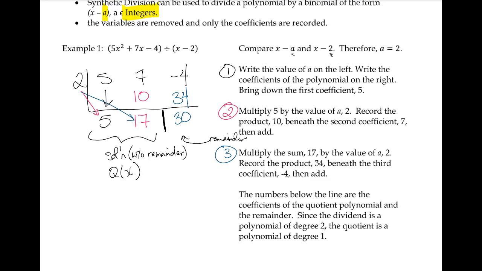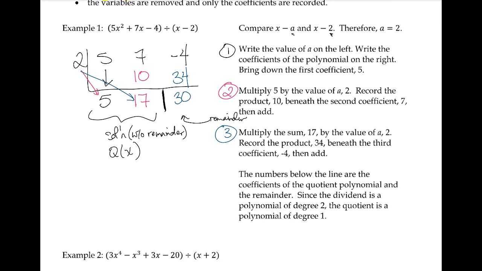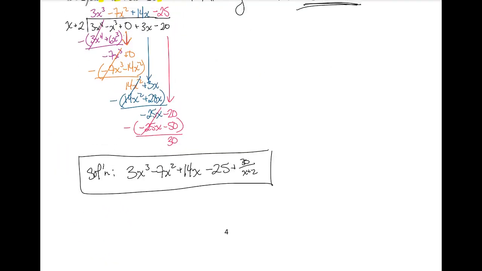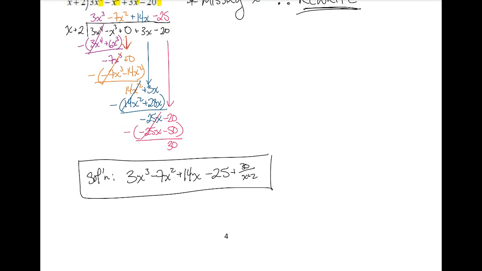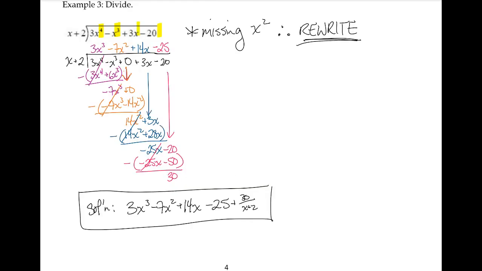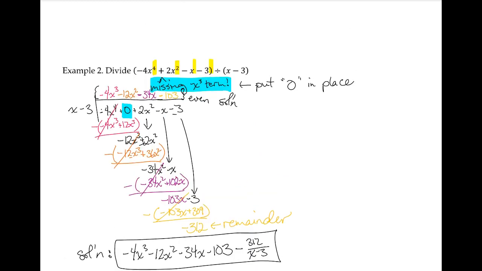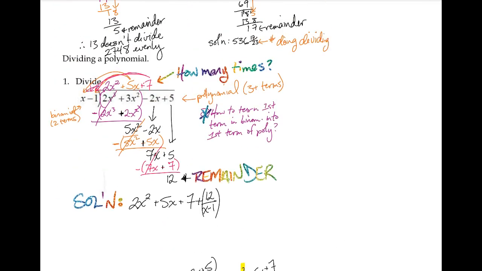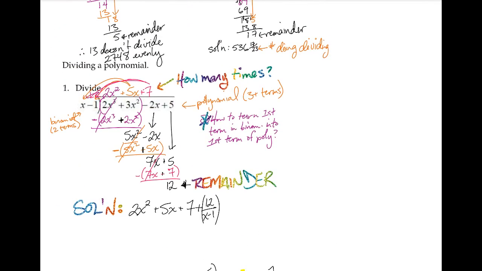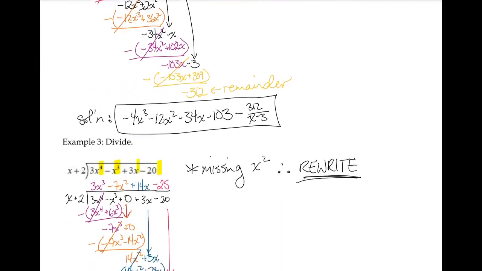Okay, so if I wanted to actually write my final answer though, I'd have to put my variables back, remembering that my x exponents always decrease by 1. Going back here, my highest degree is x cubed because I started with x to the 4 in my original question, and x squared when I started with x cubed in my original question.